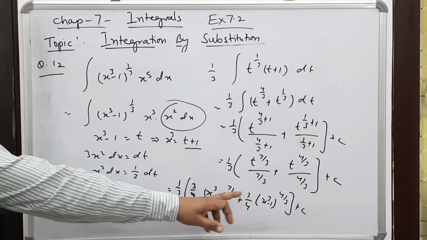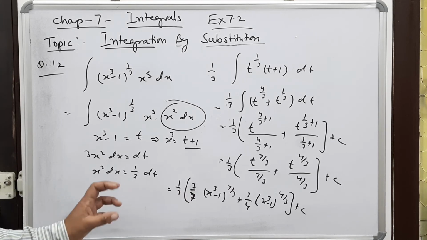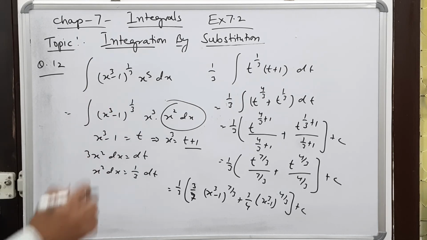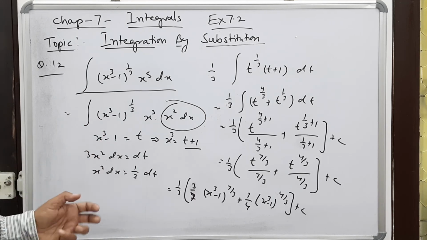And further you can take 3 common and it can be cancelled by this particular 3. So here the main part is the integration, and you see these types of problems come by practice. Once you practice these types of sums, then you can think about it.